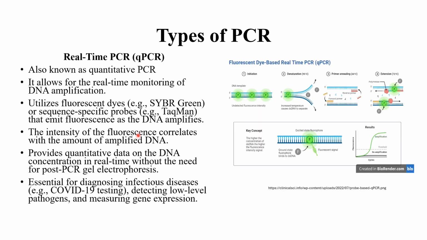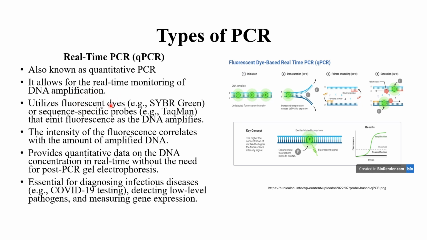The other type of PCR is what we refer to as real-time PCR or qPCR. This is different from conventional PCR because it quantifies the amount of DNA that is present. It allows real-time monitoring of the DNA amplification, and as you amplify, we're able to tell how much DNA is present. So how does it do this?